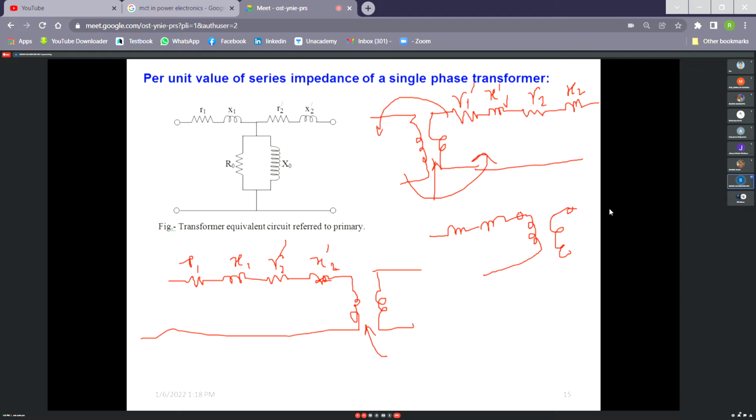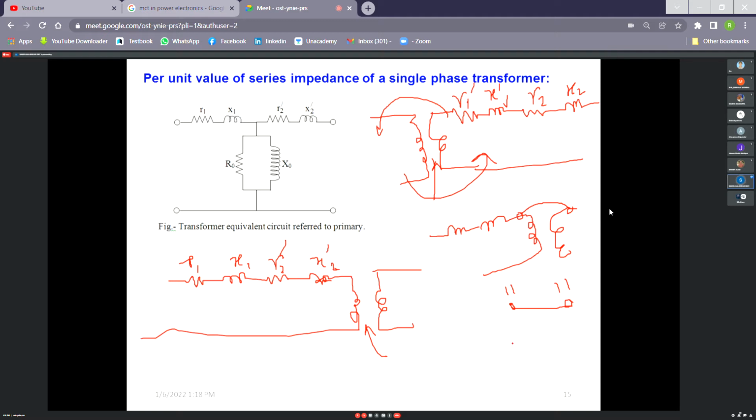These two nodes you cannot short. You cannot make a continuous circuit, because the voltage levels are not the same. If two nodes' voltages are the same, say 11 kV and 11 kV, then only you can short it in an equivalent circuit. Otherwise not. Have you understood what I wanted to convey? Yes, ma'am.